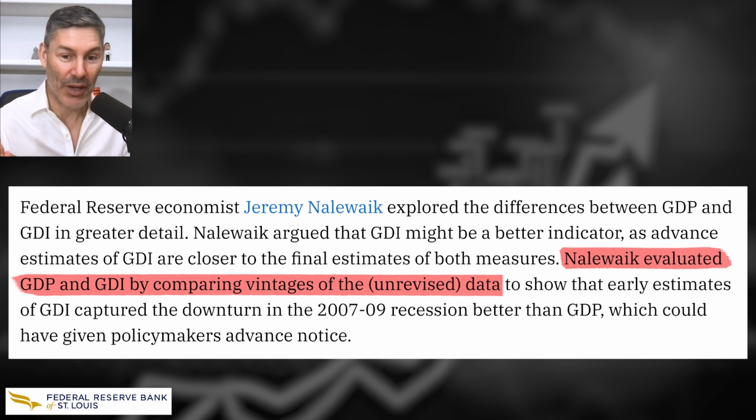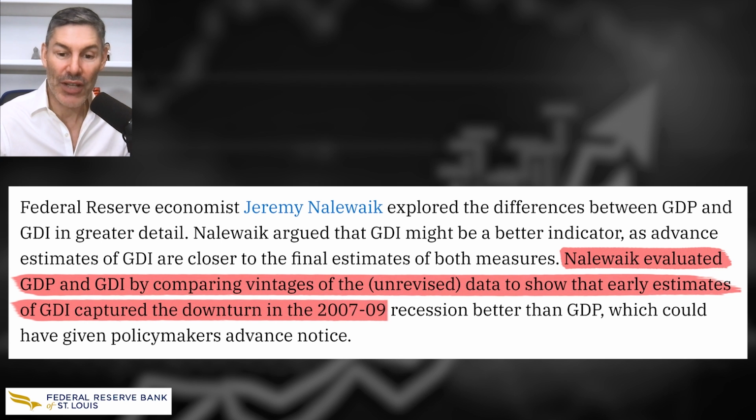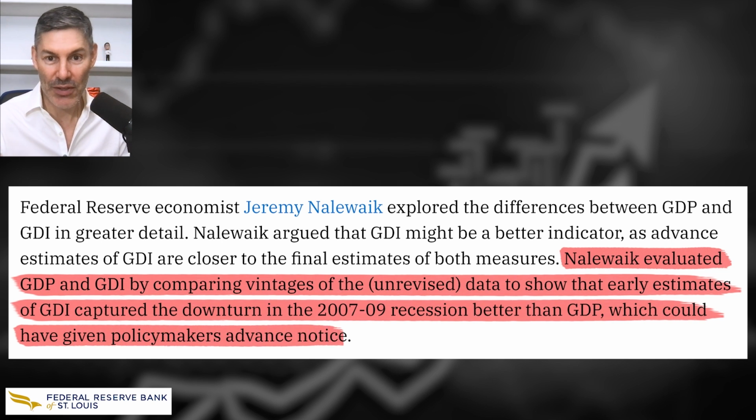Very, very important there. The unrevised data to show that early estimates of GDI captured the downturn in the 2007 to 2009 recession better than GDP, which could have given policymakers advance notice.